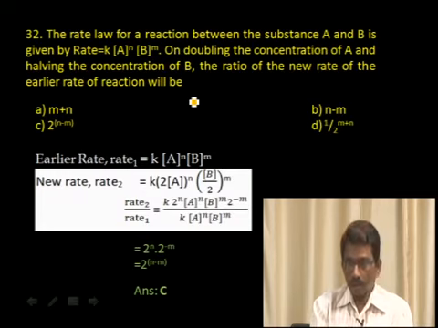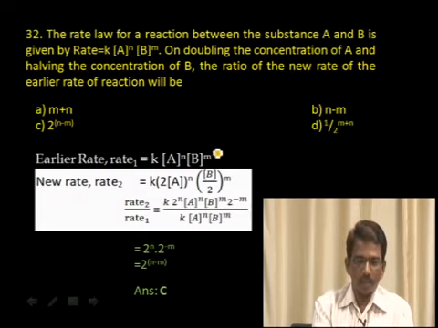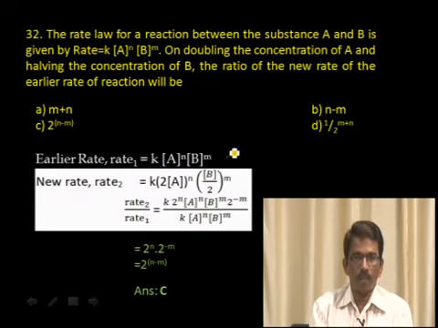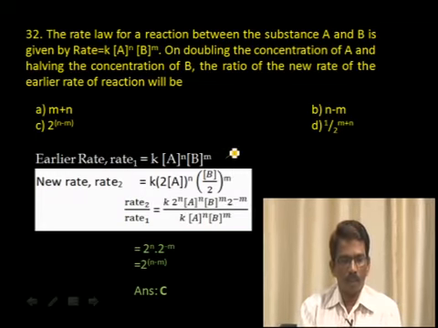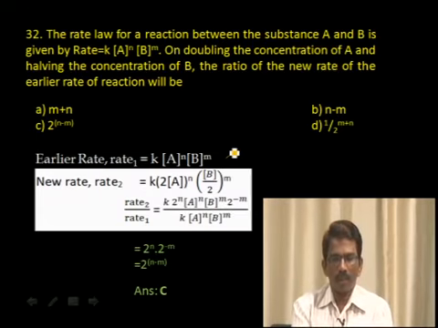Before you change the concentration, the rate is given as rate 1 = k[A]^n[B]^m. When the concentration of A is doubled and that of B is halved, the new rate, that is R2, is equal to k times, since you are doubling the concentration, [2A]^n, and since you are halving the concentration of B, [B/2]^m.